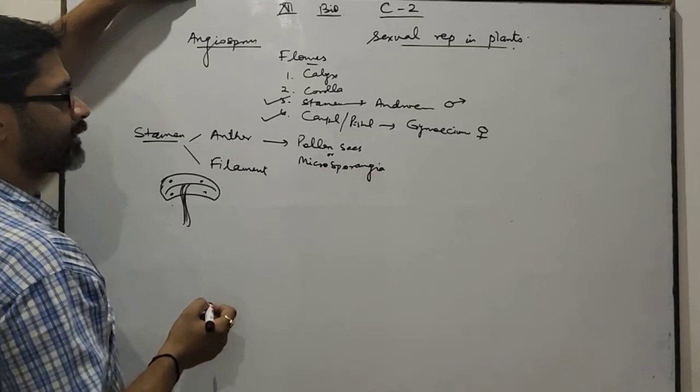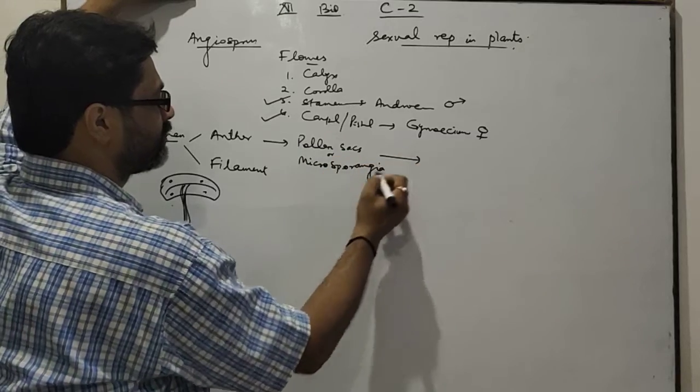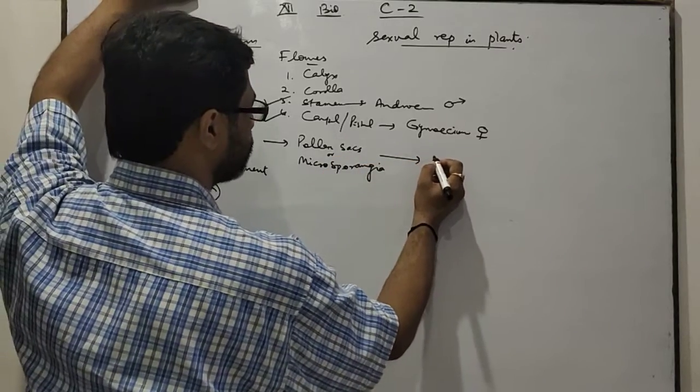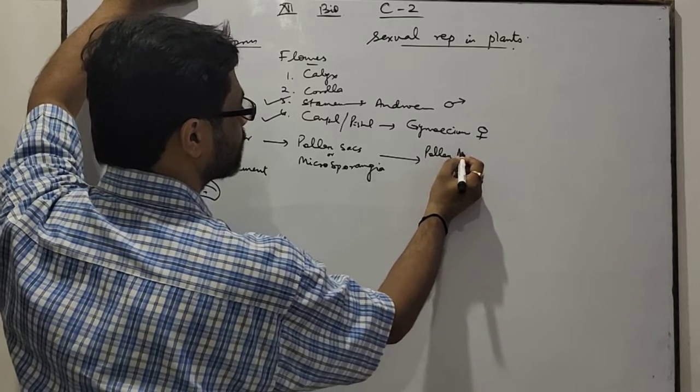Pollen sacs or microsporangia produce pollen grains from pollen mother cells.